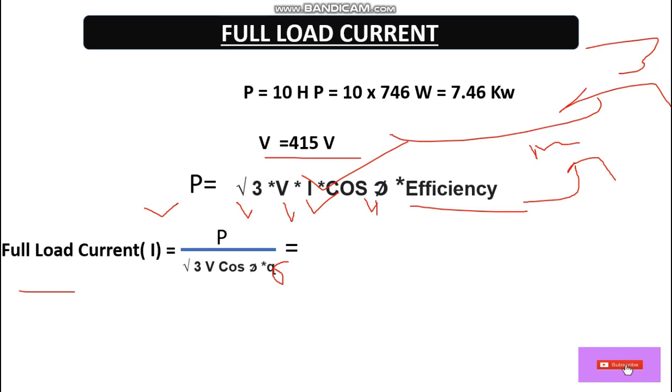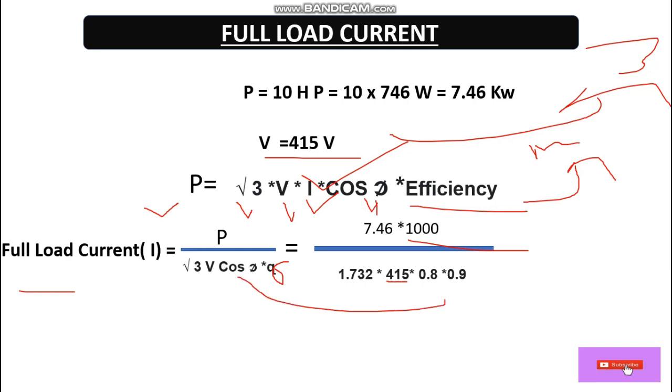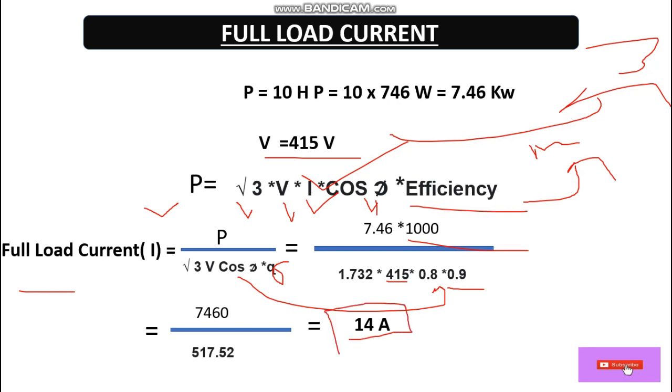P is equal to 7.46 into 1000, divided by root 3, which is 1.732, into 415, and cos phi is 0.8, and efficiency is 0.9. If we calculate all this, it becomes 14 ampere. So this is the full load current of this 10 HP motor.